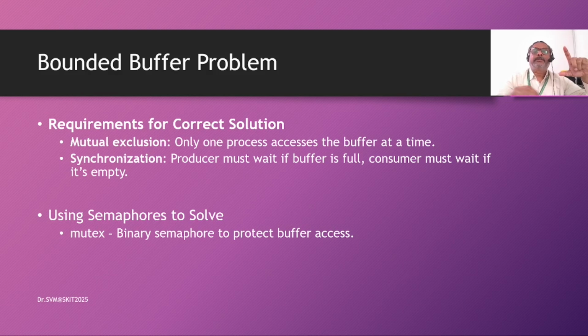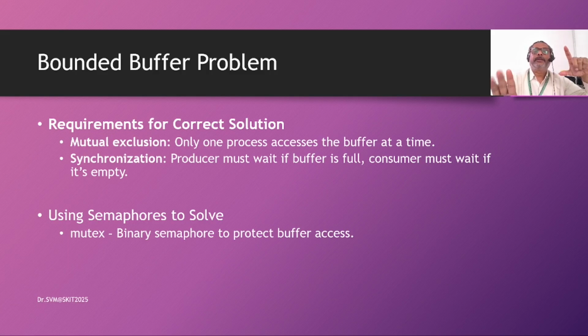To make sure of that, just look at the semaphore. Is it locked? If it is locked, which means the consumer is using the buffer, then the producer has to wait.